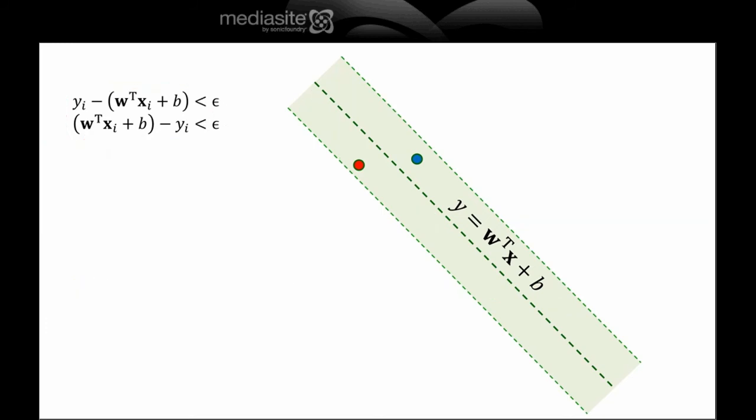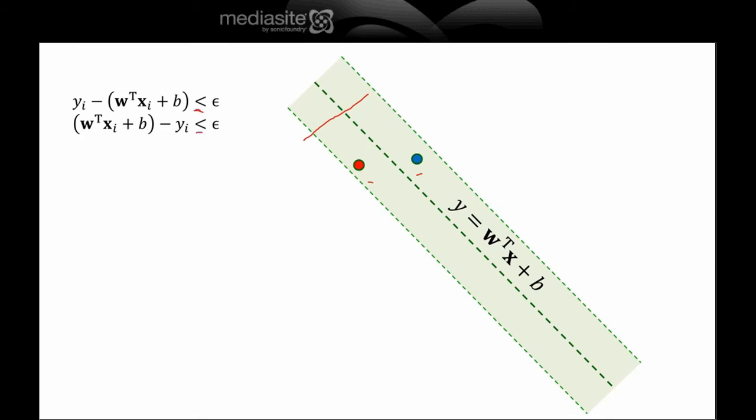Now let's look at points that are strictly within the tolerance zone. I have shown these 2 points here which are strictly within this green band. So they are within the tolerance zone. And since they're strictly within the tolerance zone, I have a strict less than sign here and a strict less than sign here.